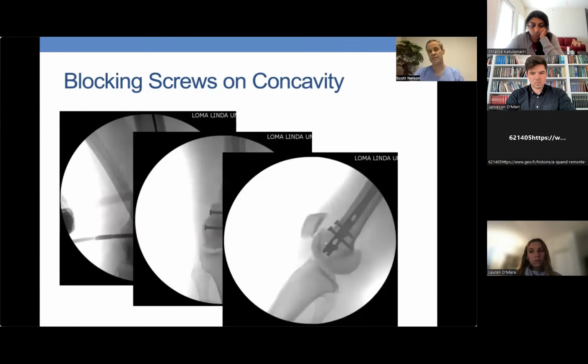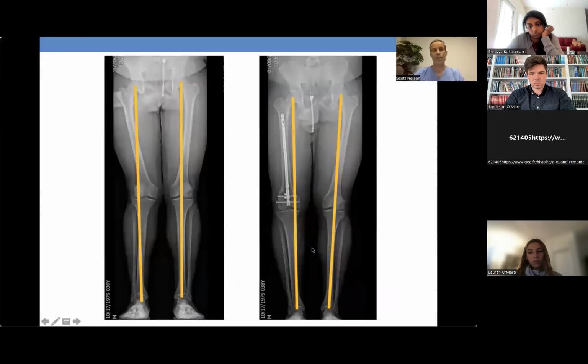And this is actually a different nail than a sign nail, but the concept is the same. Here's a remnant of where we had our external fixator pin just anterior to where the nail goes. And here's the final result. We left this patient in just a little bit of varus because they have arthritis in their lateral compartment, and we wanted to protect them and overcorrect it a little bit so they put more weight through the medial compartment.